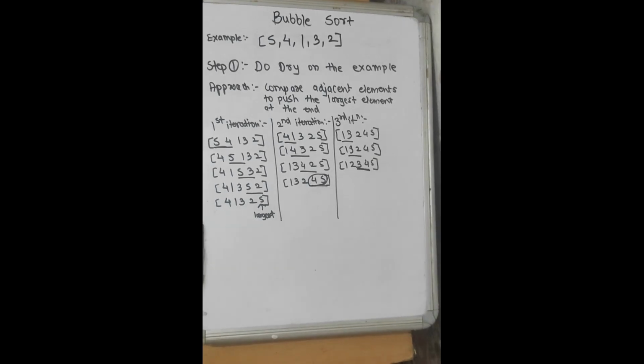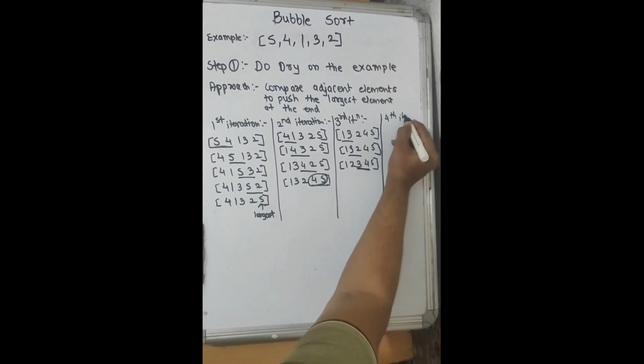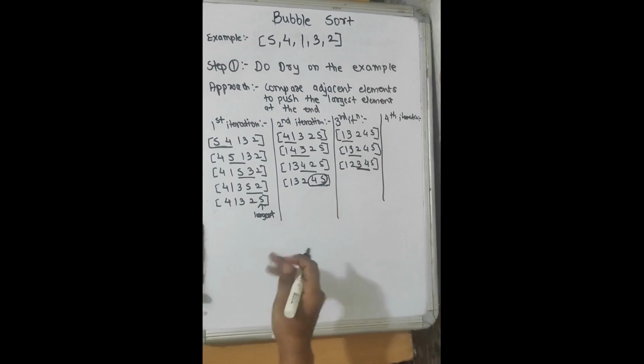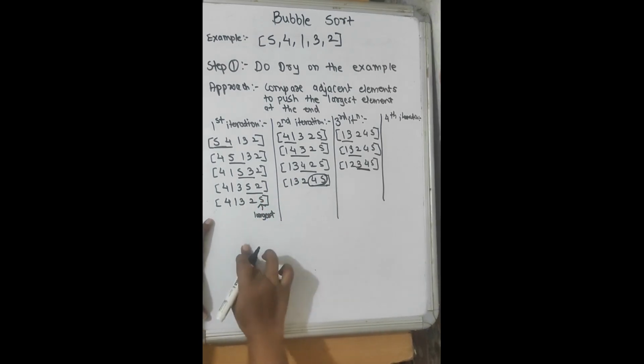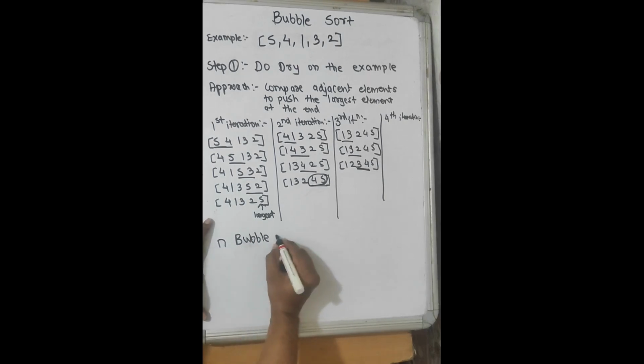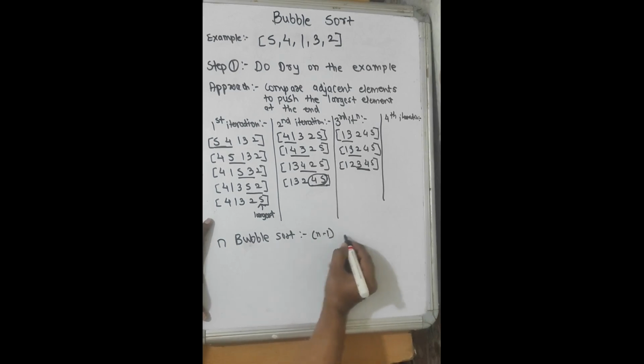We will do a last iteration, the fourth one, because for n size bubble sort we need to do n minus 1 iterations.